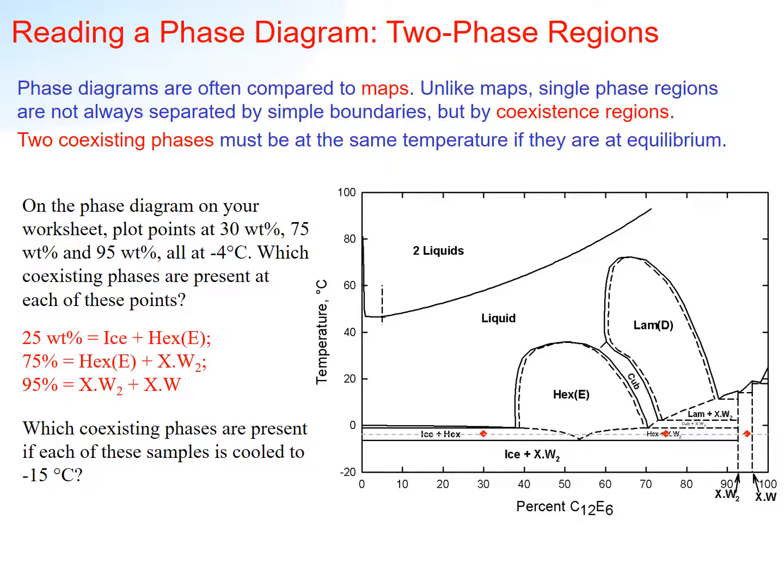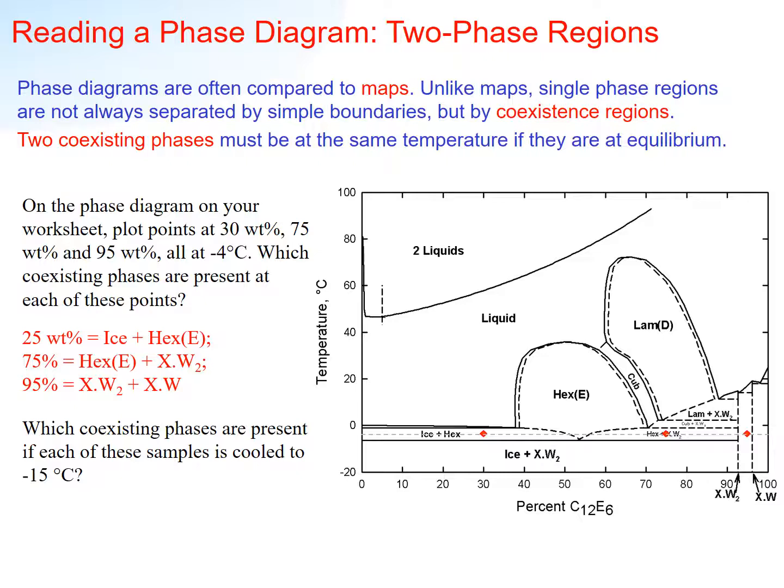If we move across to 75 weight percent, the hexagonal phase and the dihydrate of the crystal coexist at -4 degrees. And if we go up to 95%, then the two phases that coexist are two crystals, the monohydrate and the dihydrate. Notice that at equilibrium, the whole sample must be at the same temperature, so the two coexisting phases must also be at the same temperature.